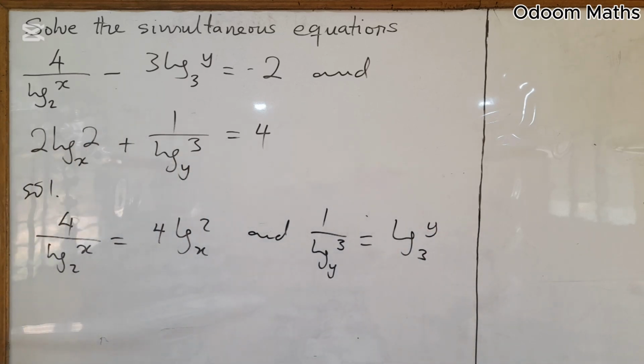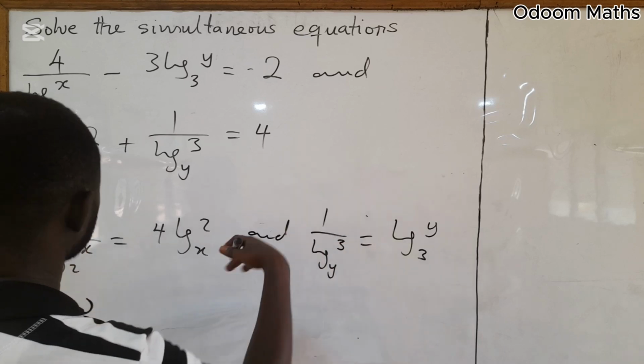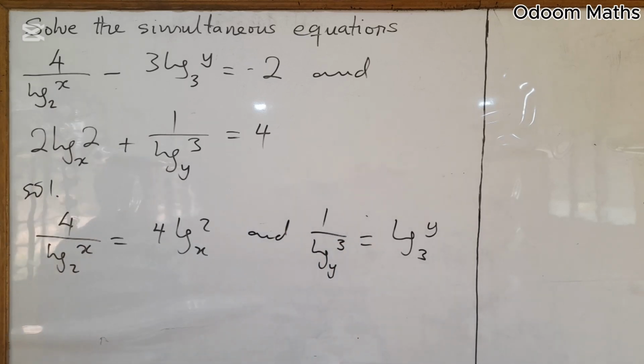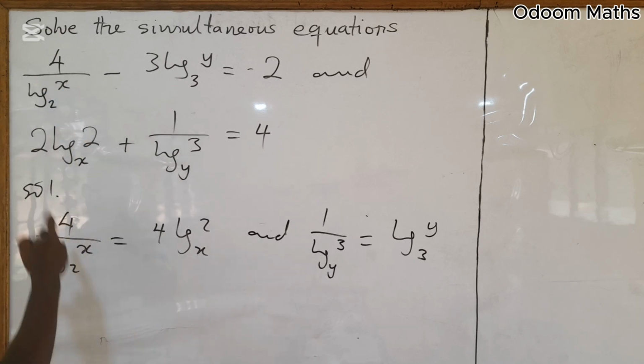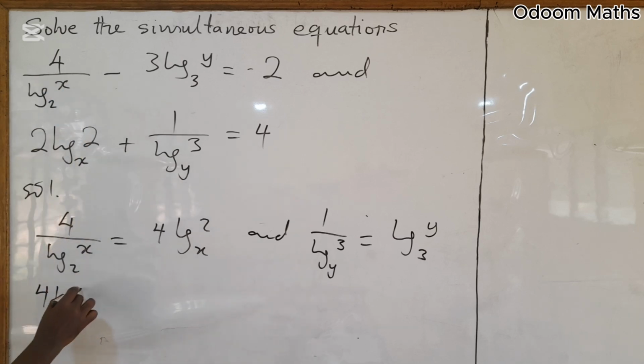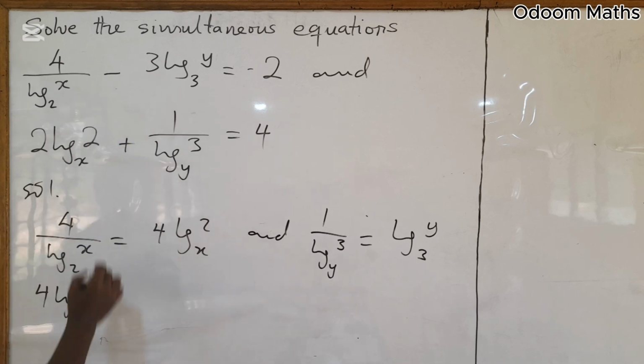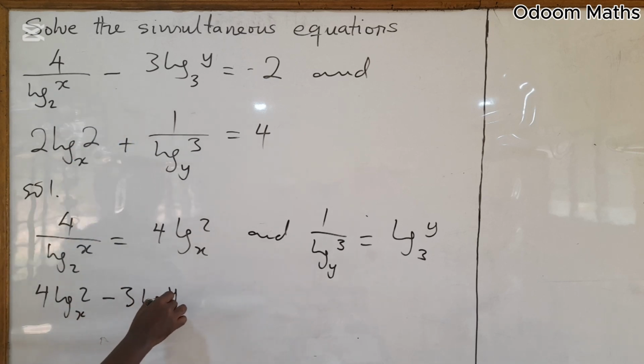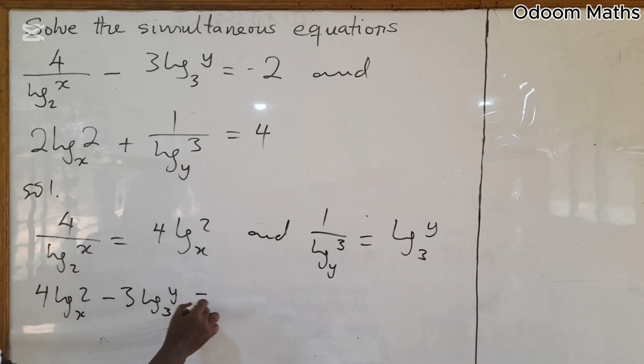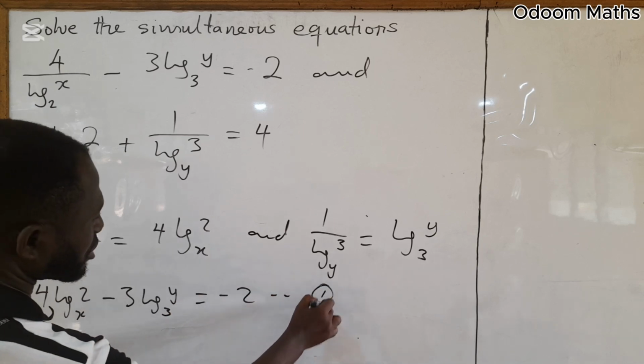So now we can substitute both. The first one is now 4 log 2 base x minus 3 log y base 3 equals negative 2. Let me call this equation 1.